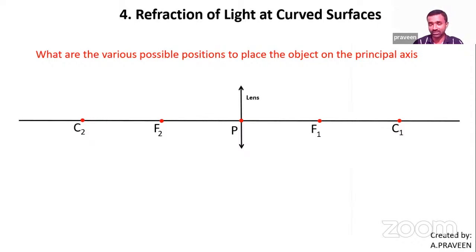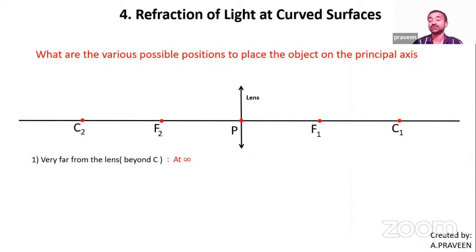Suppose I place the object at a very far distance from the lens, very far beyond the center of curvature. That we consider the infinity position, so the object is said to be at infinity.